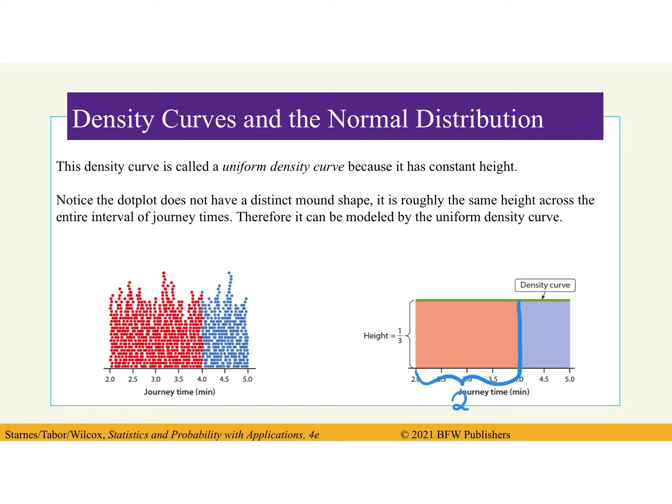And 2 times 1/3, 2 times the height, 1/3, is 2/3, which is 66.67% of the time. So 2/3 of the time, she gets to work in less than 4 minutes. And so that would be the answer to our question, right? That's more than half, so I think it's probably a better idea to take the train. She's going to get there faster 2/3 of the time than it would take her to walk.